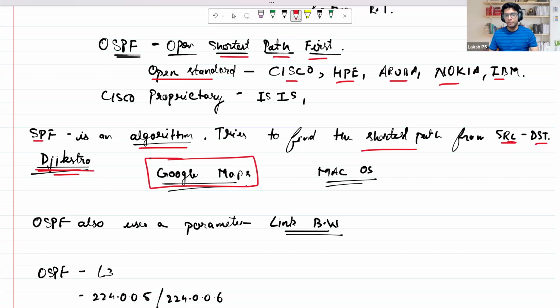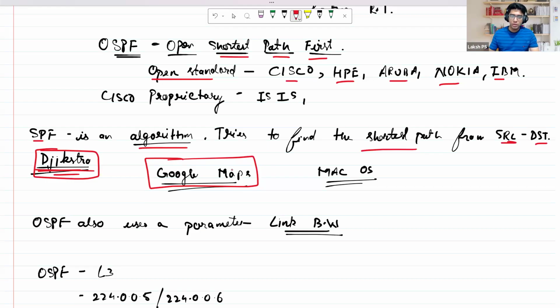When we type from and to in the search bar and ask it to search for directions, it gives us the best path. How is it giving the best path? It is using the Dijkstra algorithm to help us find the shortest path from source to destination.